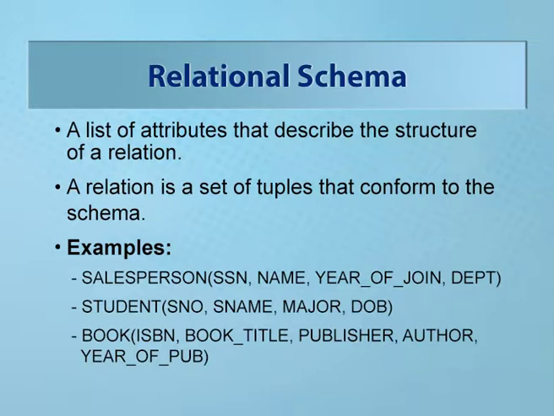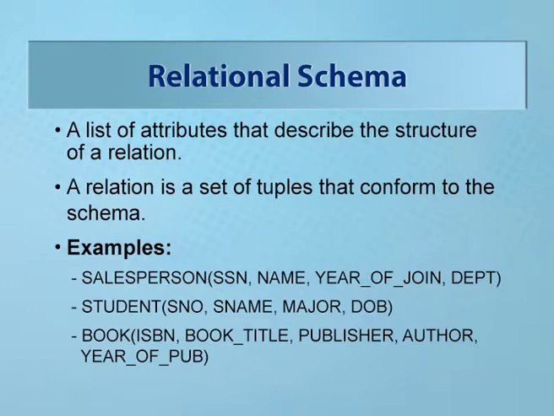So this relation we can represent in the form of a table, where salesperson will become the table name, and SSN, name, year of join and department will become the columns in the table. Likewise another example I had given: student with student enrollment number, name, major and date of birth, and book with ISBN, book title, publisher, author, year of publication. So here you can see these are various relations, and the schema is called the relational schema.